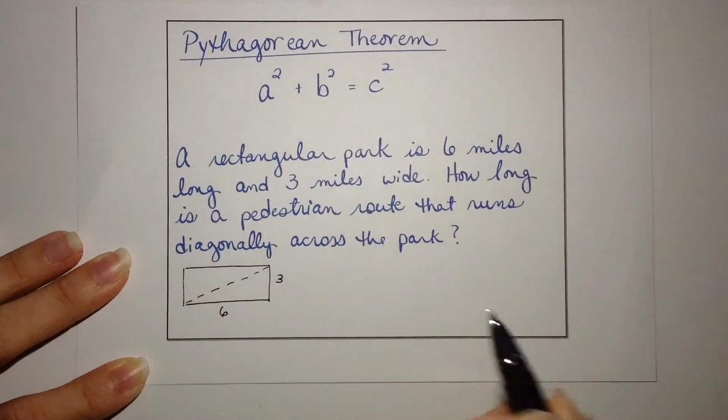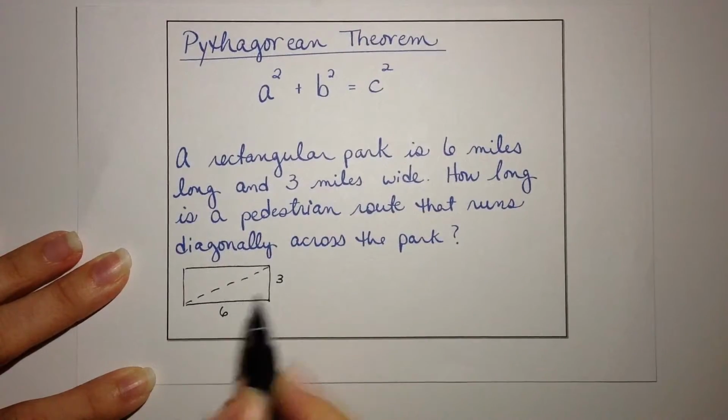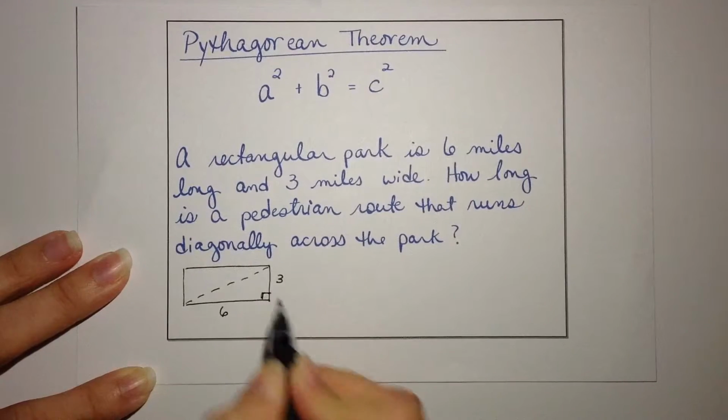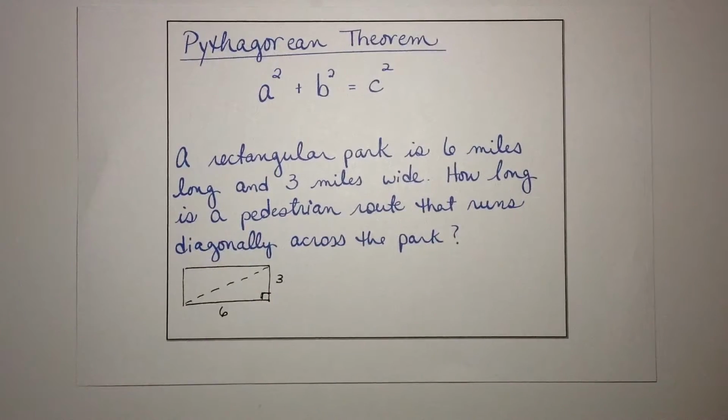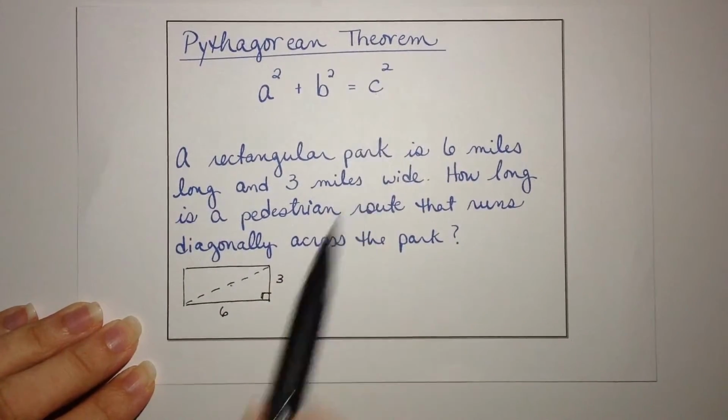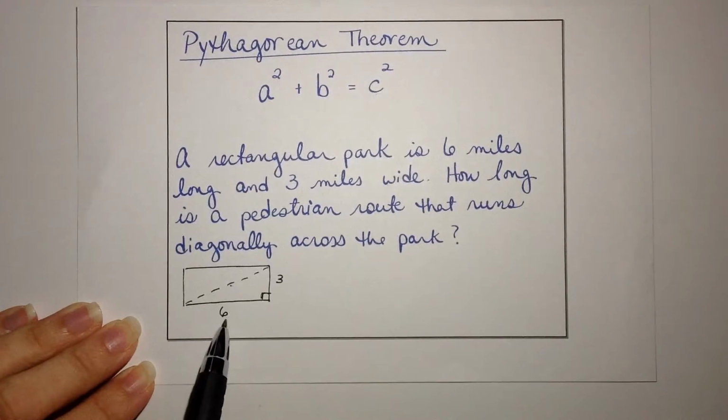So what ends up happening is half of this, whether it's this half or this half, doesn't matter, but you end up with a right triangle. And if you remember, that's where you can use your Pythagorean theorem to determine the side of a right triangle. Now the A, B, and C, if you remember, it's the diagonal that has to be the C in your formula, which means these two are the A and the B. Which one's which doesn't matter.